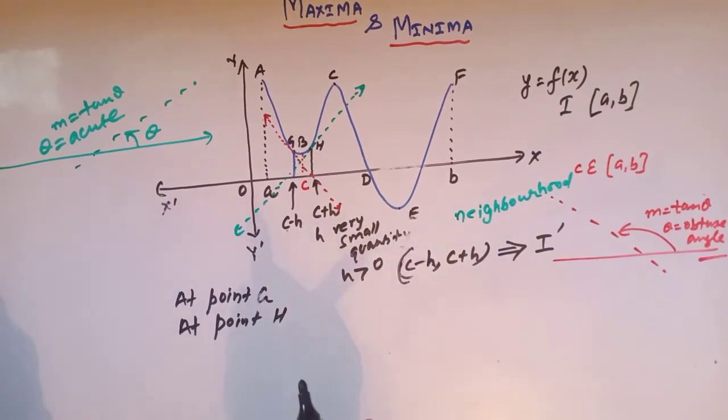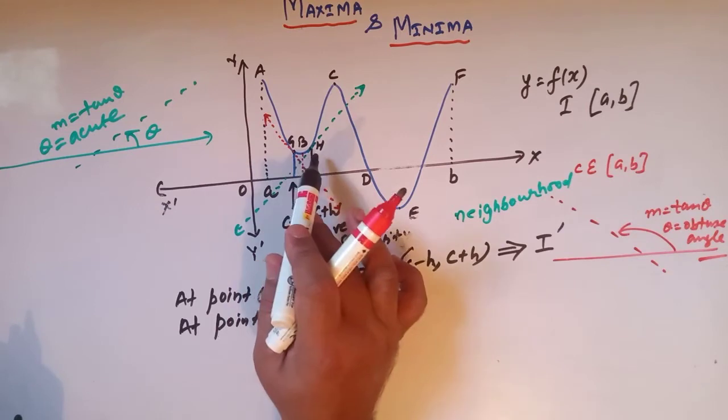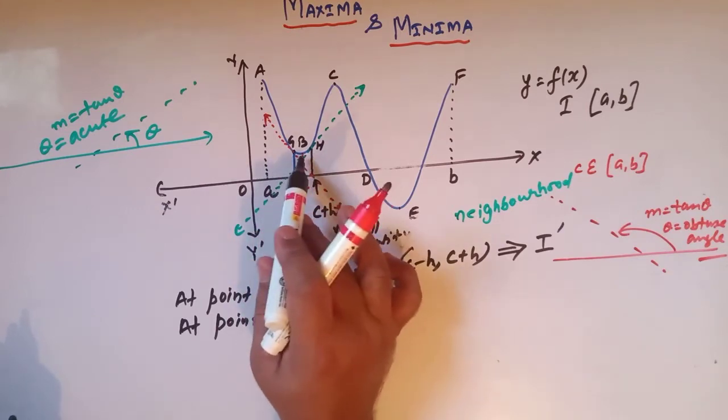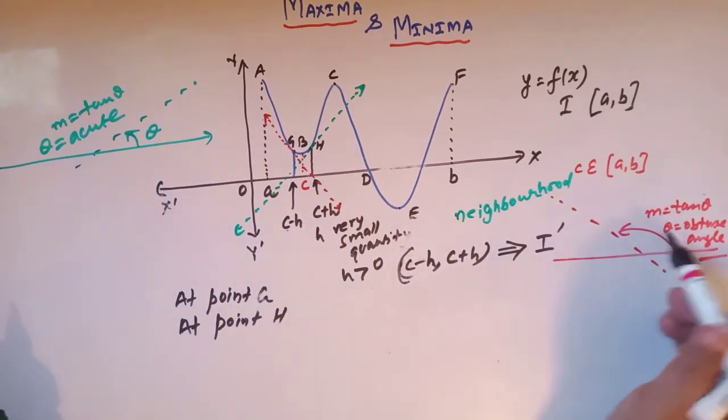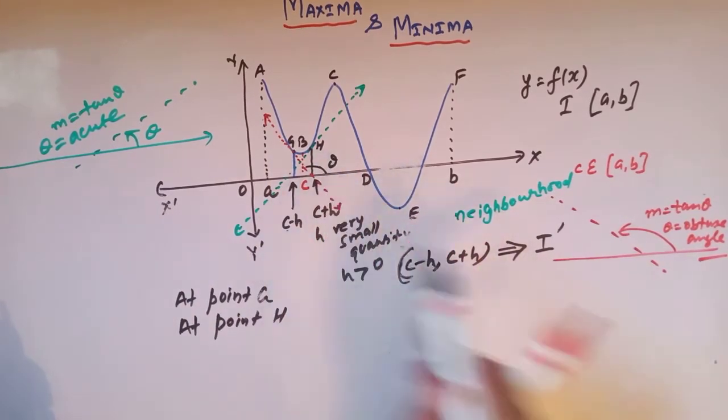So we have two tangents, clear, in the neighborhood of this turning point B. Now we see that this angle is theta, and theta is obtuse.